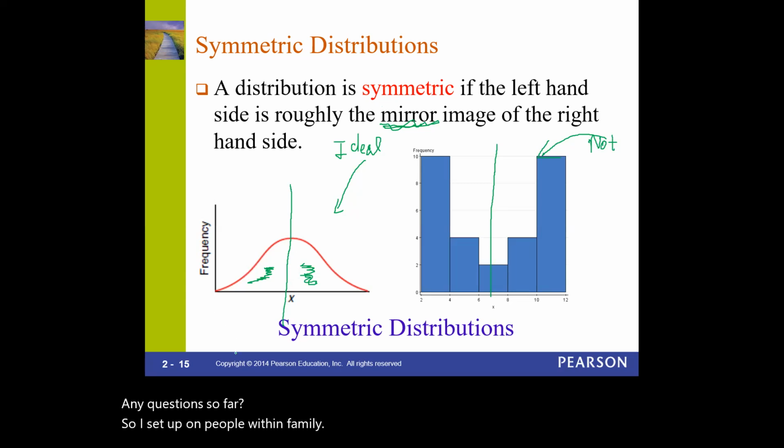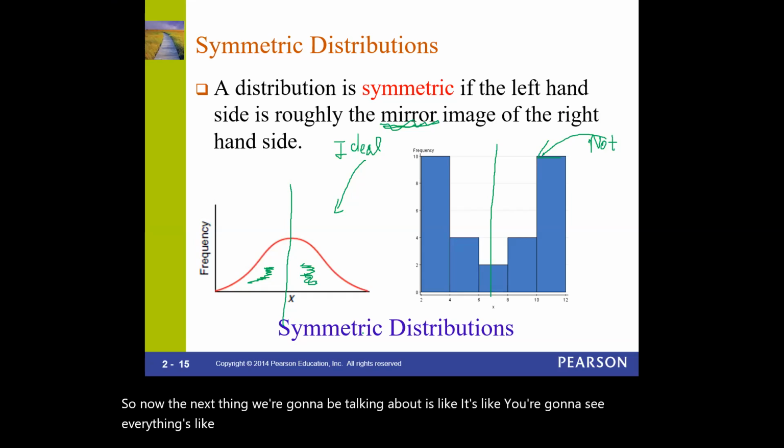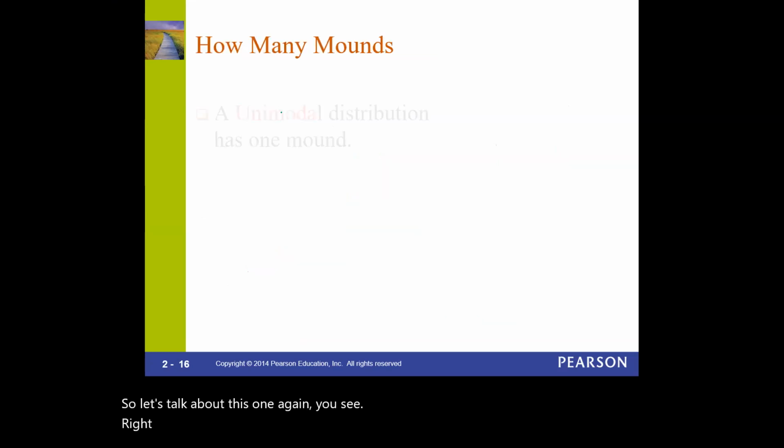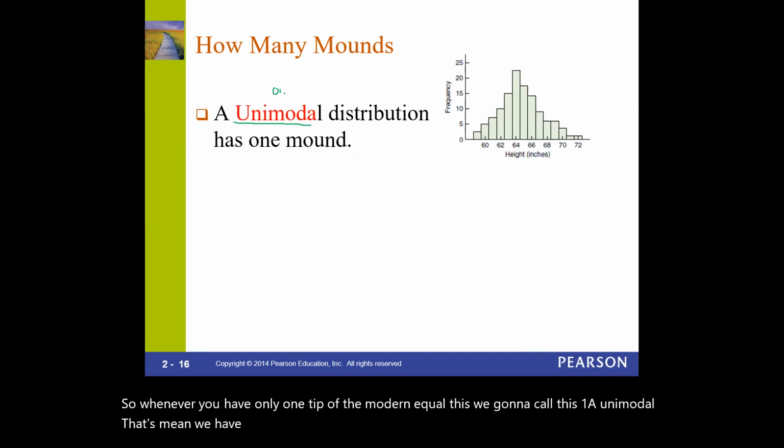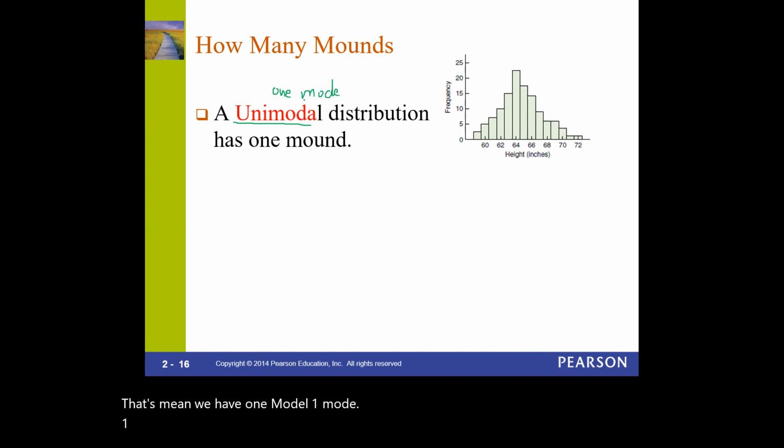Okay. So now the next thing we're going to be talking about, you're going to see everything is redundant. We talked about them before, then talk about them again. So let's talk about this one again. Whenever you have only one tip of the model, we're going to call this a unimodal. That means we have one mode.